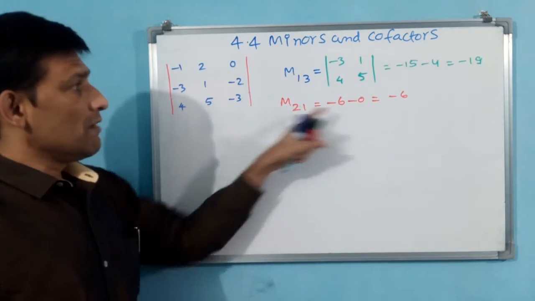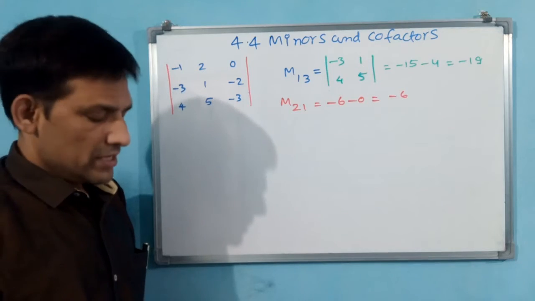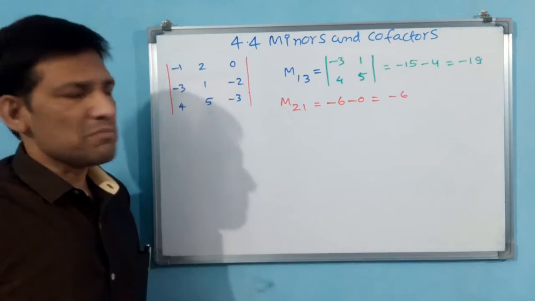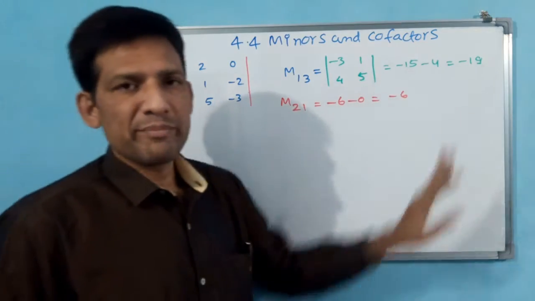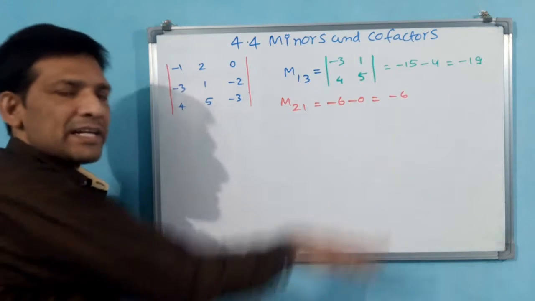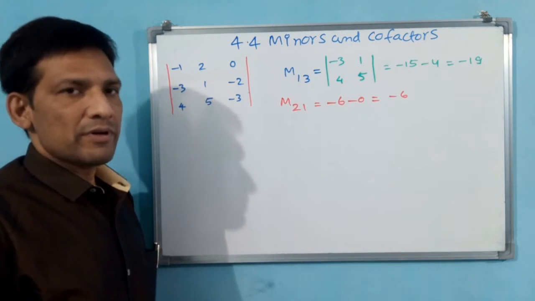You see now, one single number is coming, so you can understand the concept easily. While finding minors we need not consider the symbols, whether minus or plus or whatever it may be. Whatever comes, directly you are going to write that. You are not going to change the sign in minors.